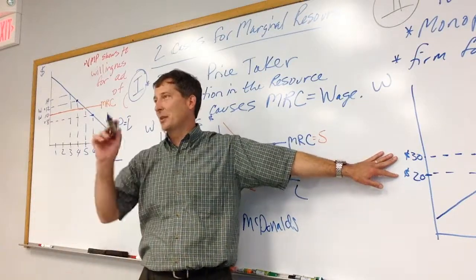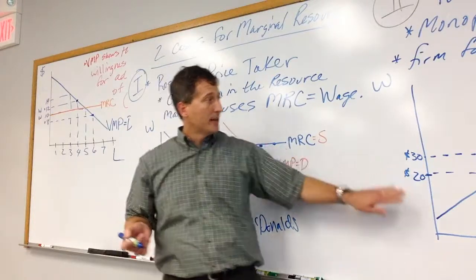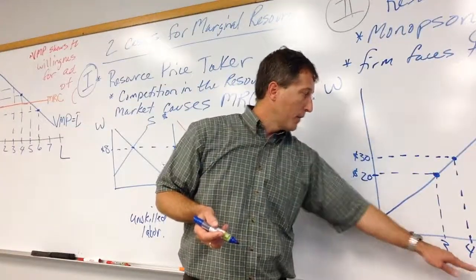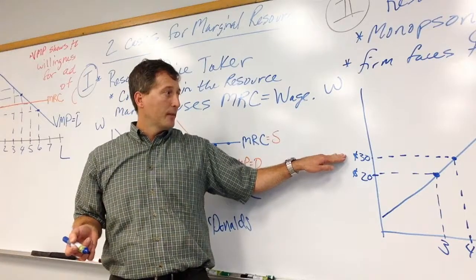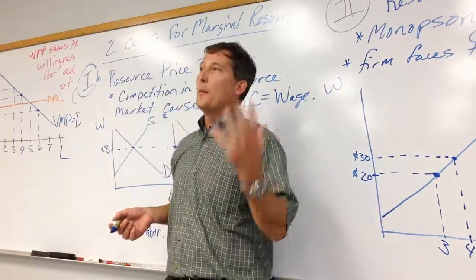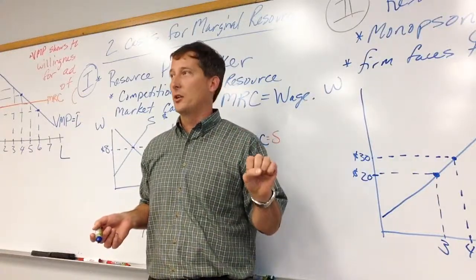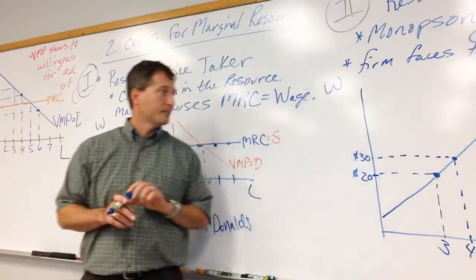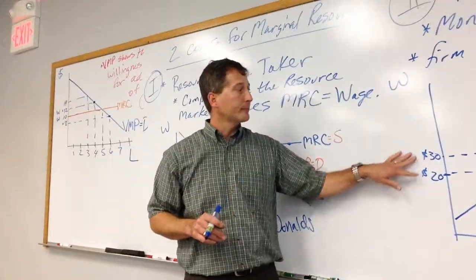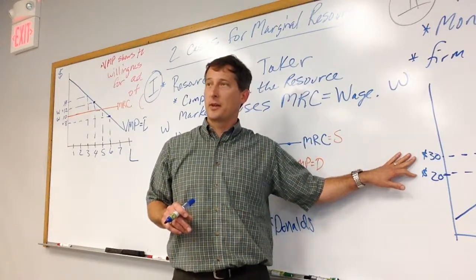So very similar story to what we saw with the single price monopoly: the 4th nurse I had to pay $30, but what was the real marginal cost associated with the 4th nurse? 60. How'd you get that? 10 for the previous ones, right?